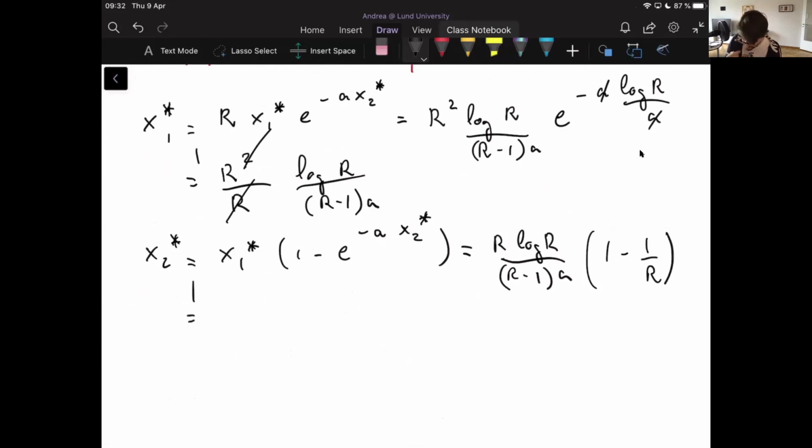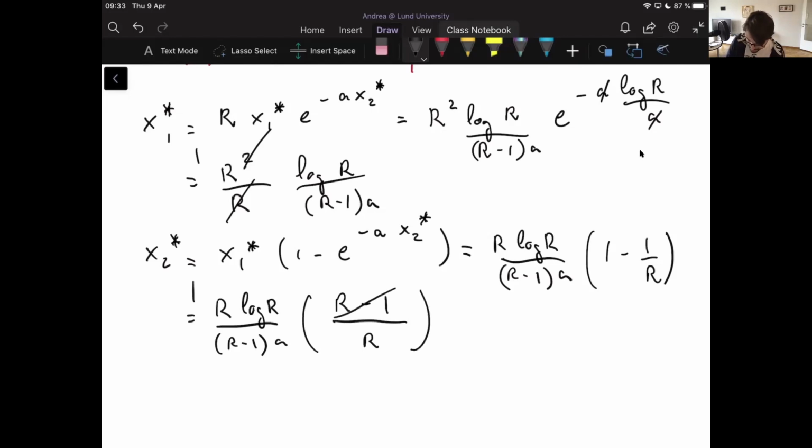So this can be simplified. Let's write it explicitly. Log r divided by (r minus 1)a. And then this becomes r, and this is r minus 1. Okay?